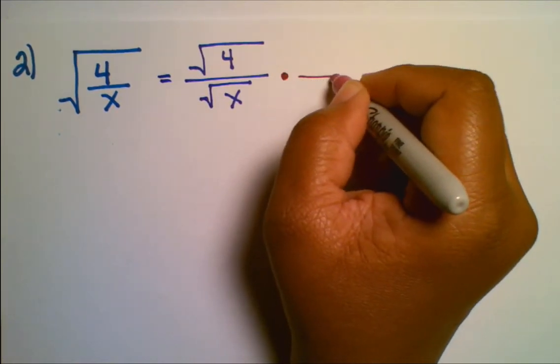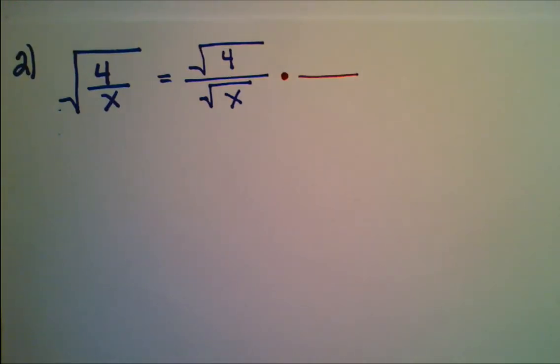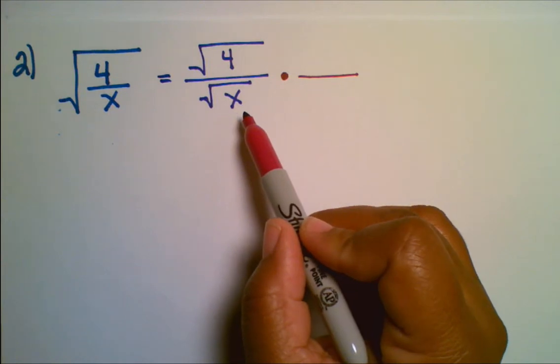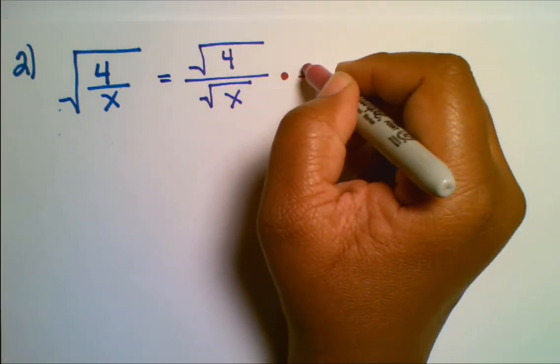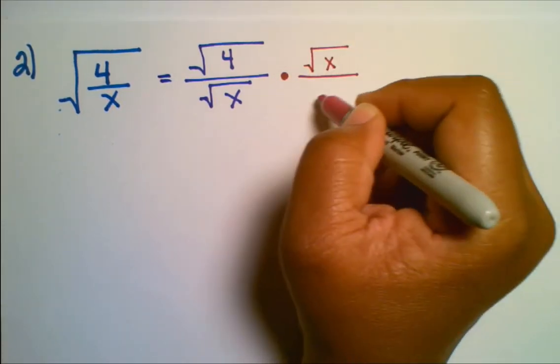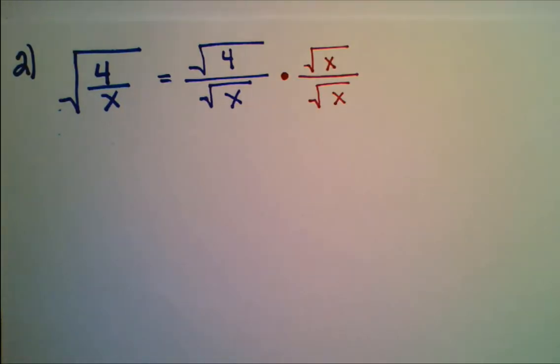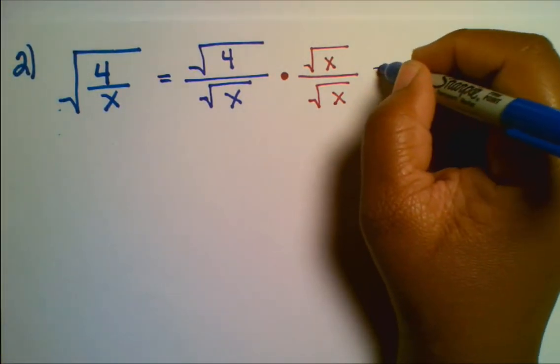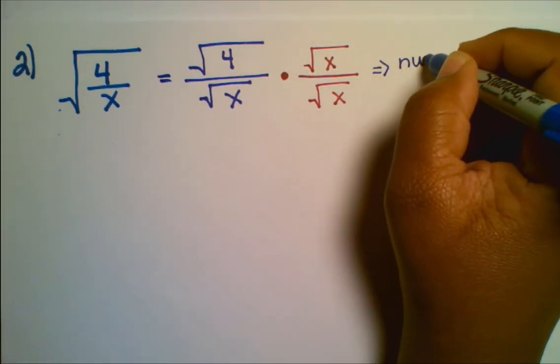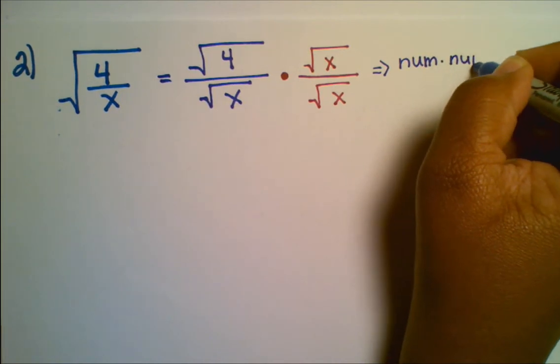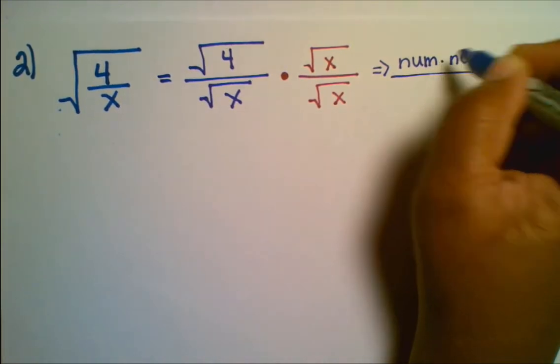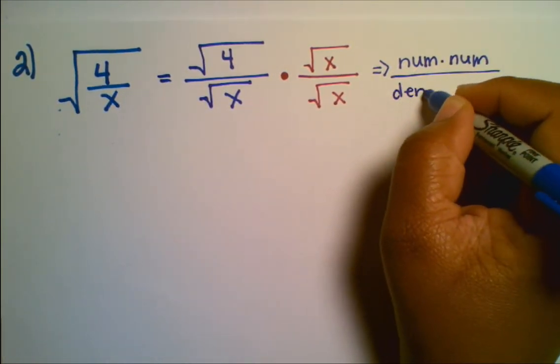And what we're going to use, remember, is the radical found in the denominator. So the radical that's found here is the square root of x. So remember, numerator times the numerator, denominator times denominator.